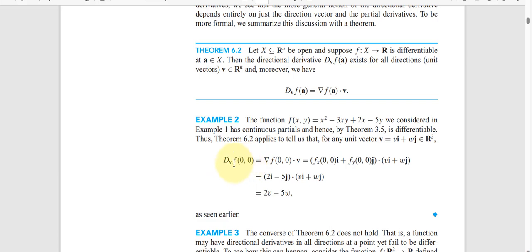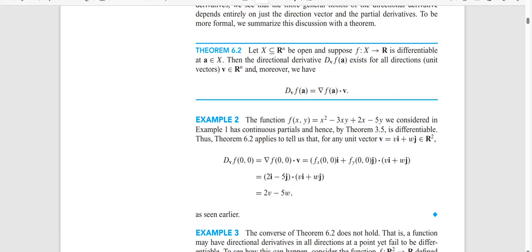We're going to use this theorem, so we're going to have to calculate the gradient, which is going to be a vector, and then plug in the point A, which is 0, 0, into our gradient, because remember the gradient is a pair of partial derivatives.